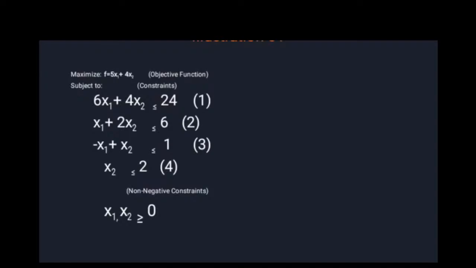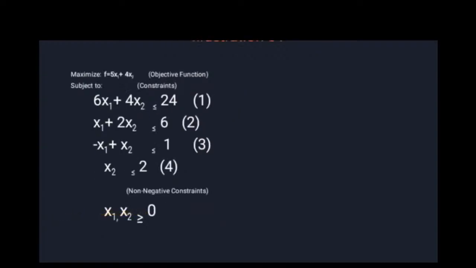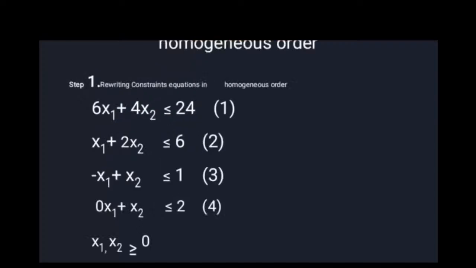So we move to step 1 of the simplex method of linear programming, which is rewriting the constraint equations into homogeneous order. As we move back to the previous slides, we can see that equation number 4 contains only one variable, which is x2. It means that equation number 4 is not in homogeneous order.